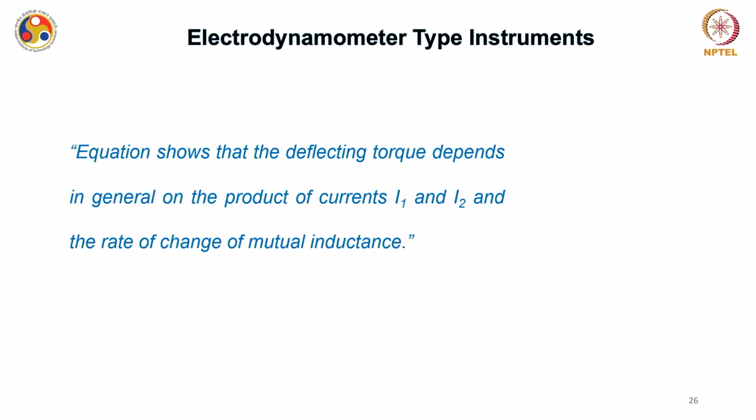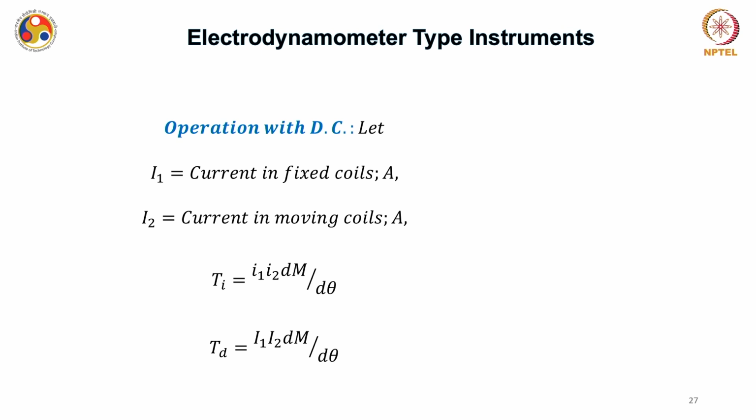Once you have the instantaneous torque, it is very easy to visualize all the deflections. Now let us try to understand this when the electrodynamometer type of instrument is operated with DC. In this case, there is no frequency, and if I1 is the current flowing in the fixed coil and I2 is the current flowing in the moving coil, Ti is equal to I1 into I2 into dM by d theta.